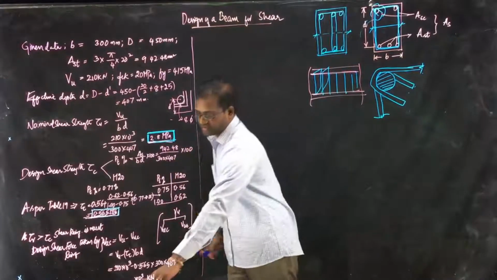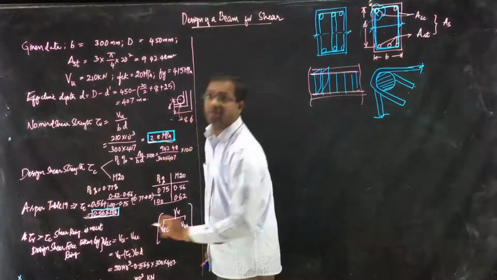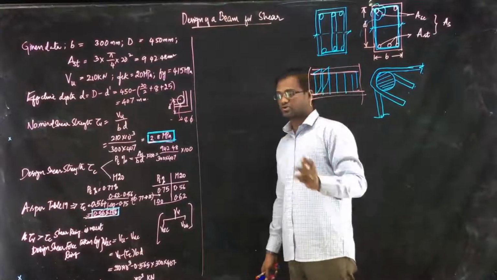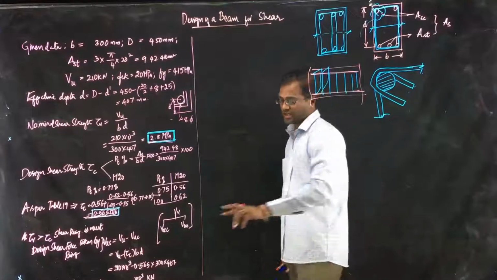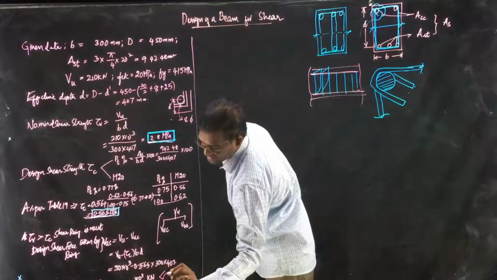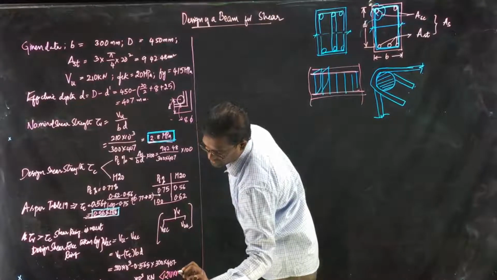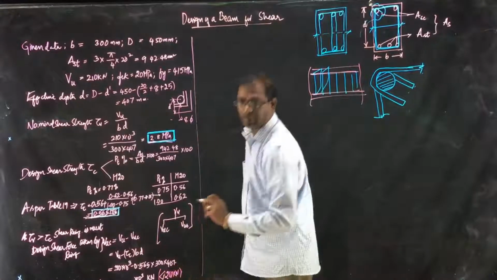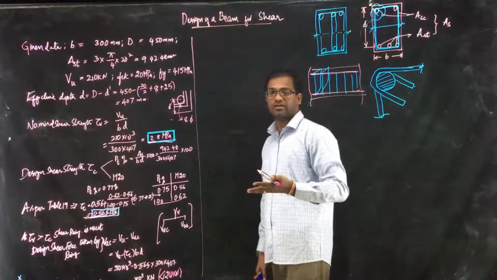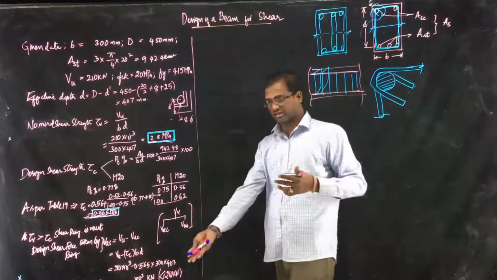So when you get this VUS, you can provide these stirrups for the given shear force, because this value is always less than 210 kN. The rest value, up to 210 kN, is taken by the concrete and the rest value is taken by steel.